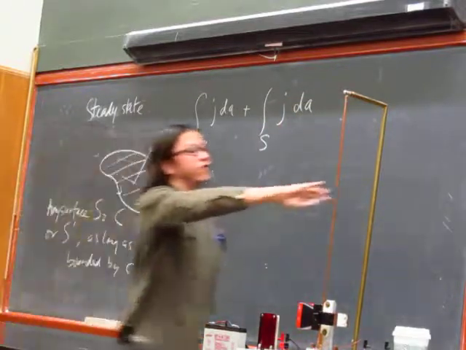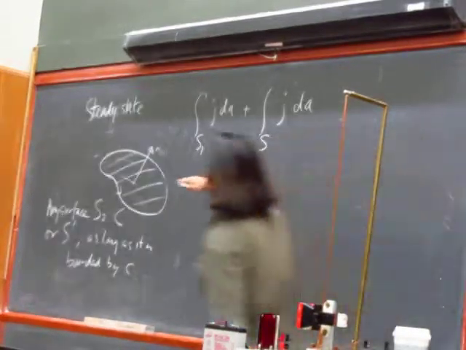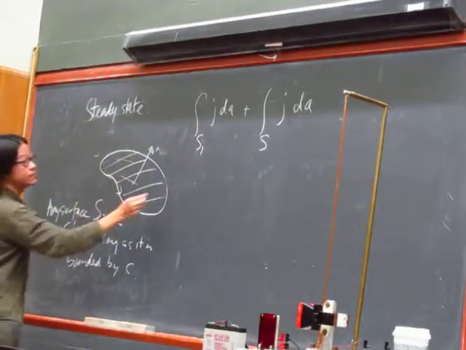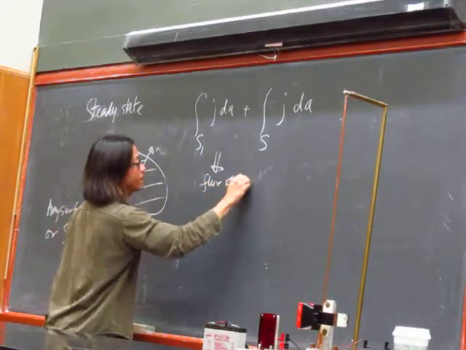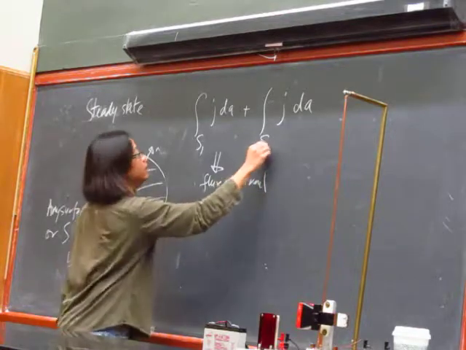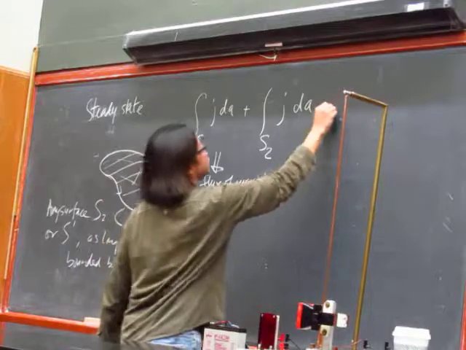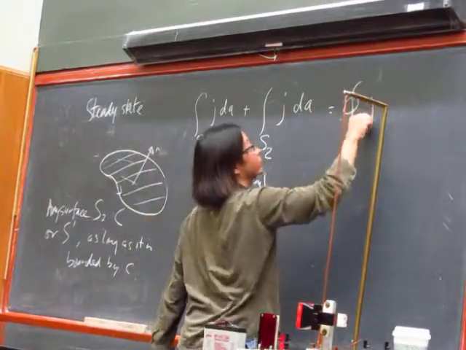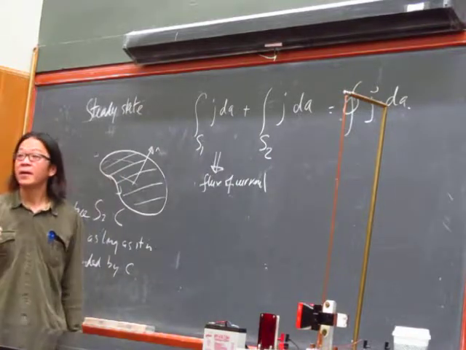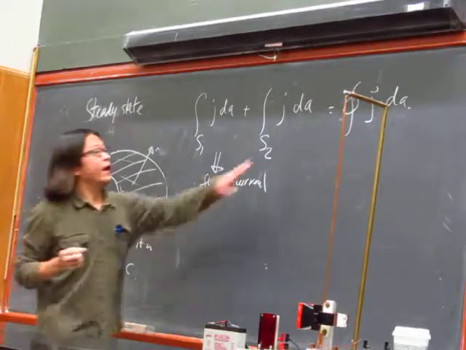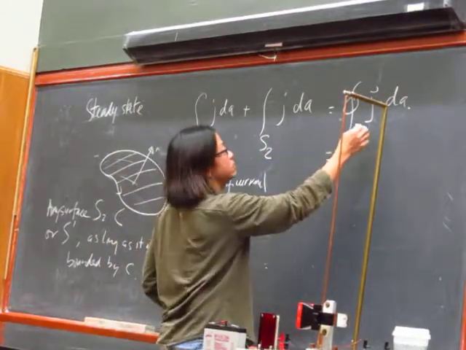So if I look at the flux of the current through S1 plus the flux of current through S2, this whole thing has to be equal to the closed surface flux.